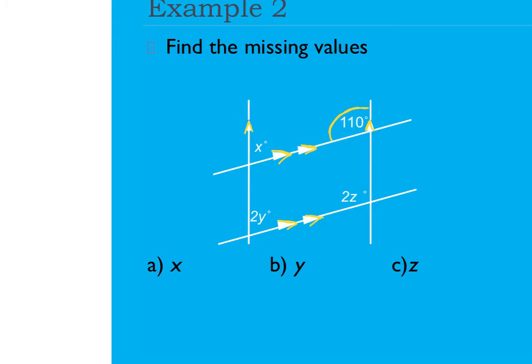So knowing that, I'm going to use the double parallel line, so that would be this one and this one, cut by the transversal that I'm going to draw with a black line. So our black line is our transversal. In that case, the 110 directly corresponds to the 2z that I see here. So those two are corresponding angles.